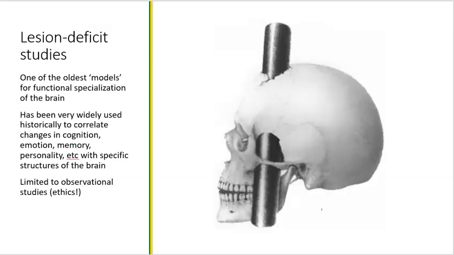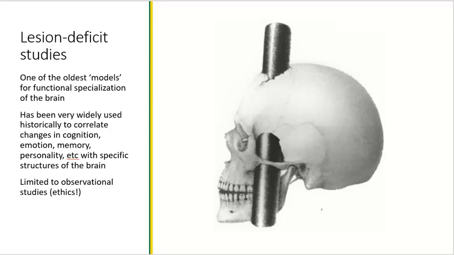With lesion deficit studies, like I said, this is definitely more popular in animals for ethical reasons, but there are a lot of case studies that we can look at with lesions in humans. The most famous one would be Phineas Gage. It's really my favorite thing to talk about.